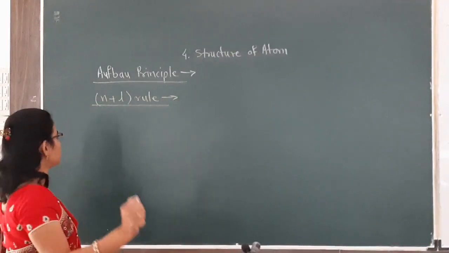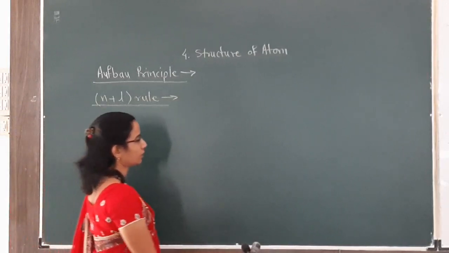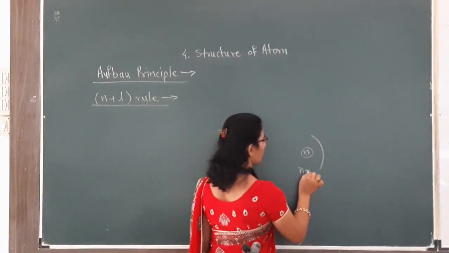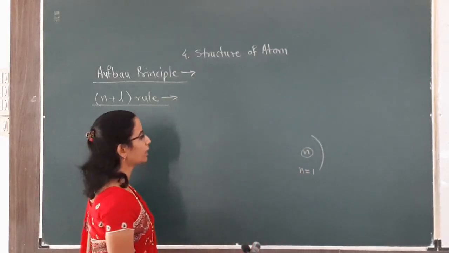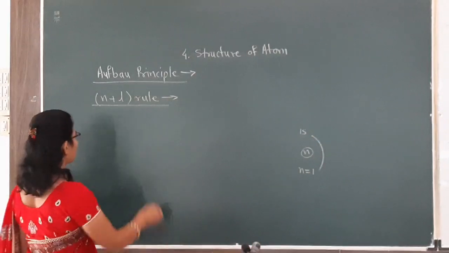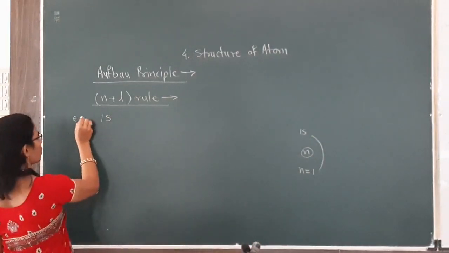I will take some examples so that you will get the idea. Let's see again around the nucleus there is a first orbit. It will possess again only one orbital and it is named as 1s orbital. I will take the example of 1s orbital.